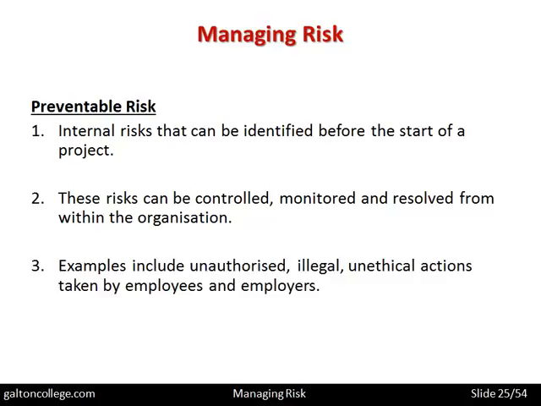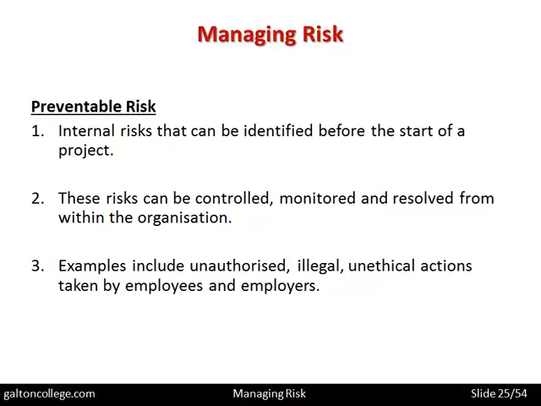So, examples of preventable risks could include unauthorized, illegal, unethical actions taken by employees and employers. These are preventable. If the company or the employees are acting illegally, that is preventable. Just get them to stop acting illegally. Make sure that the processes within the organization are ethical. Make sure that they are proper, so there's no damage to reputation or damage to the organization.